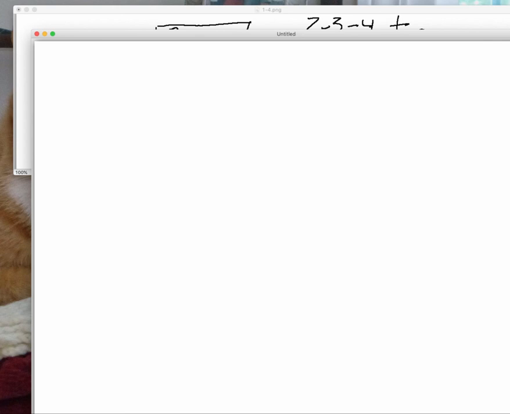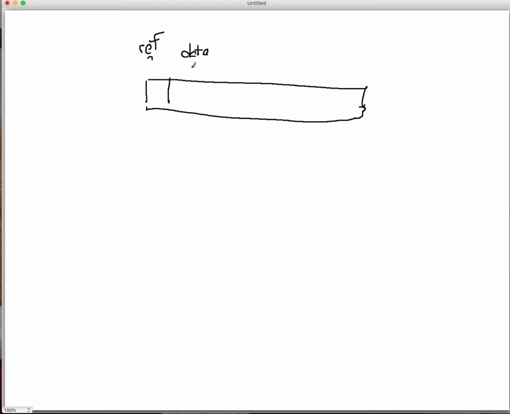Okay, so I've got a node here. And my node looks like the following. Here's reference 0. Here's data 0. Here's reference 1. Here's data 1. Here's reference 2.